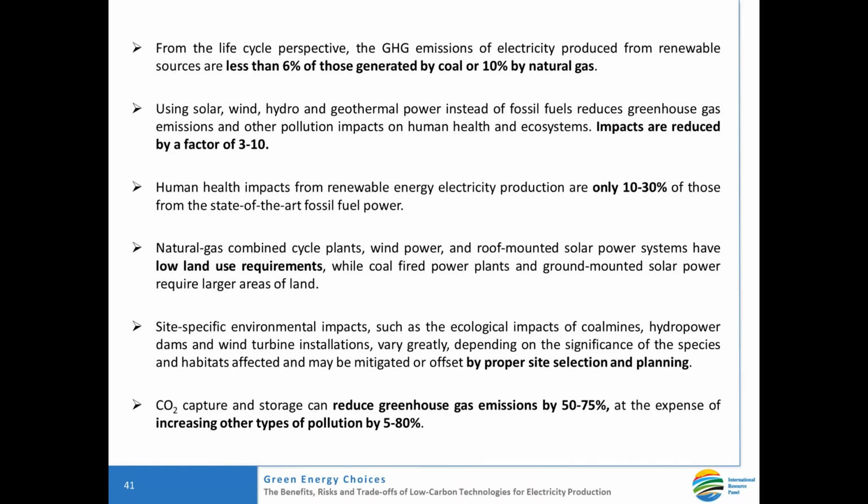Finally, CO2 capture and storage, which is seen as necessary by most of the energy scenarios, can reduce greenhouse gas emissions by 50 to 75%, however, at the expense of increasing other types of pollution between 5 and 80%.